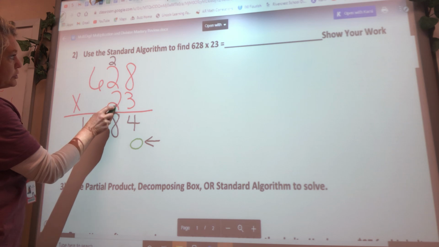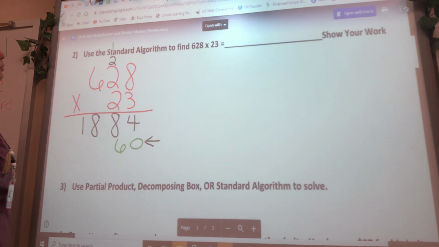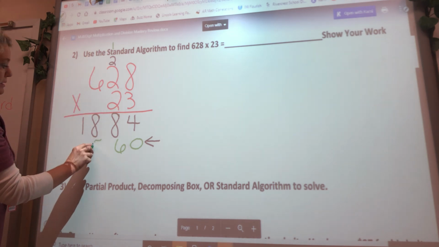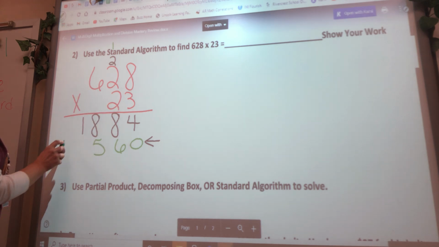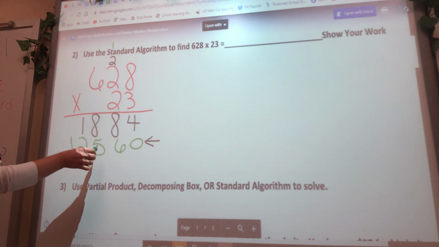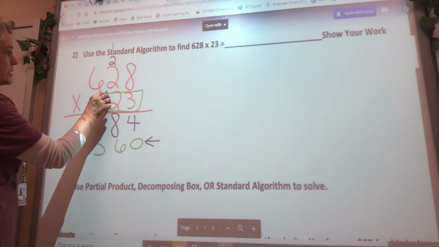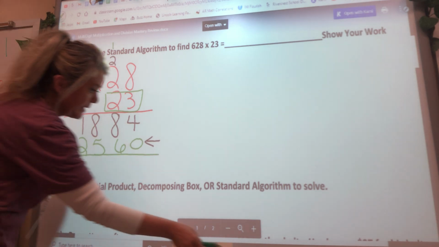I have 2 times 8 is 16, carry my 1. 2 times 2 is 4, plus the 1 is 5, and 2 times 6 is 12. I know I can stop and add now because I only had 2 numbers on the bottom, so I would have 2 rows. And then I add my rows.